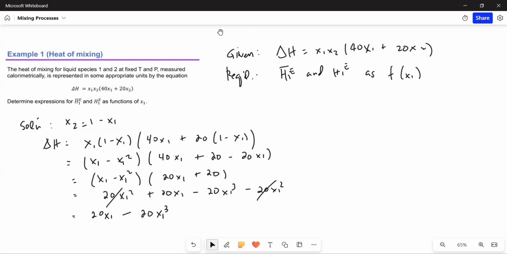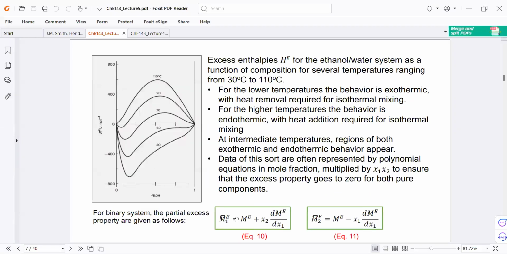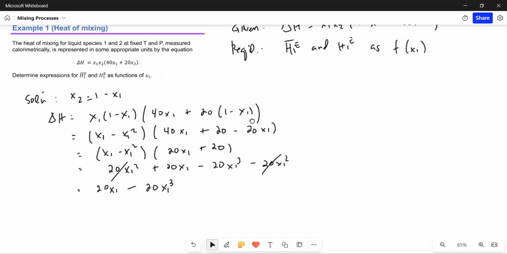Okay, let's go back to the slide. Here, right here. We need these equations to get the partial molar excess property. So let's simply copy that to our whiteboard.